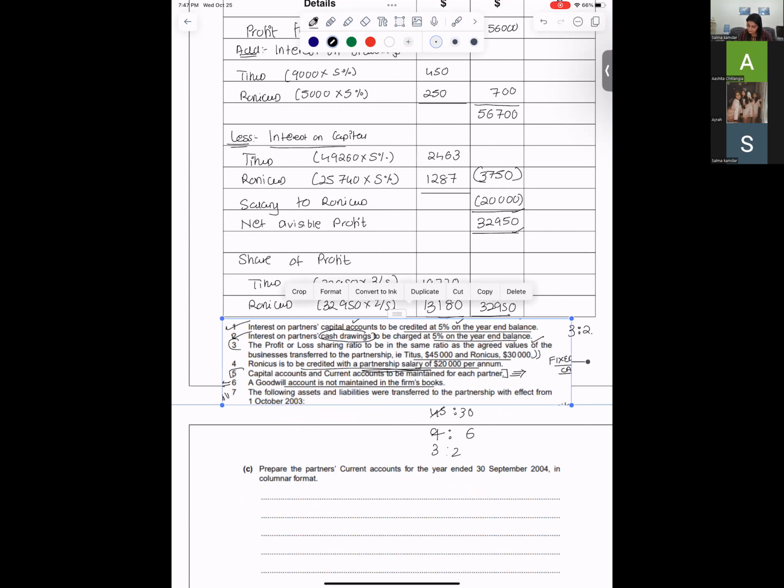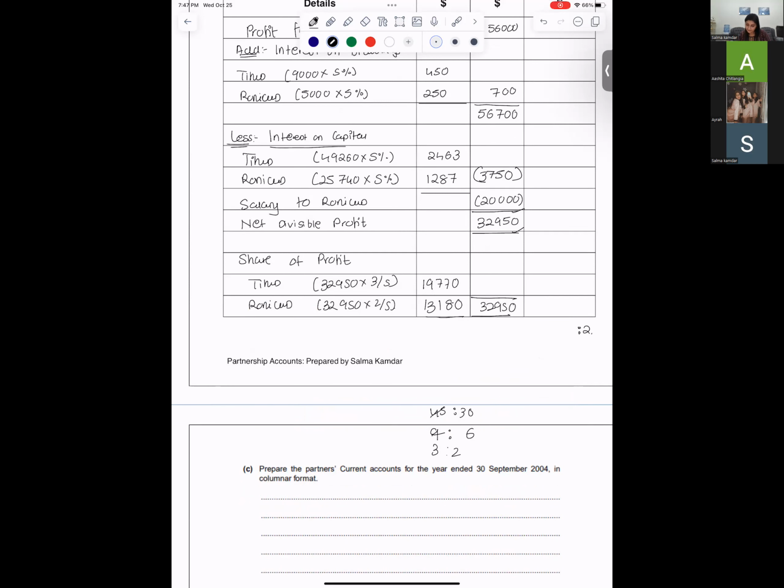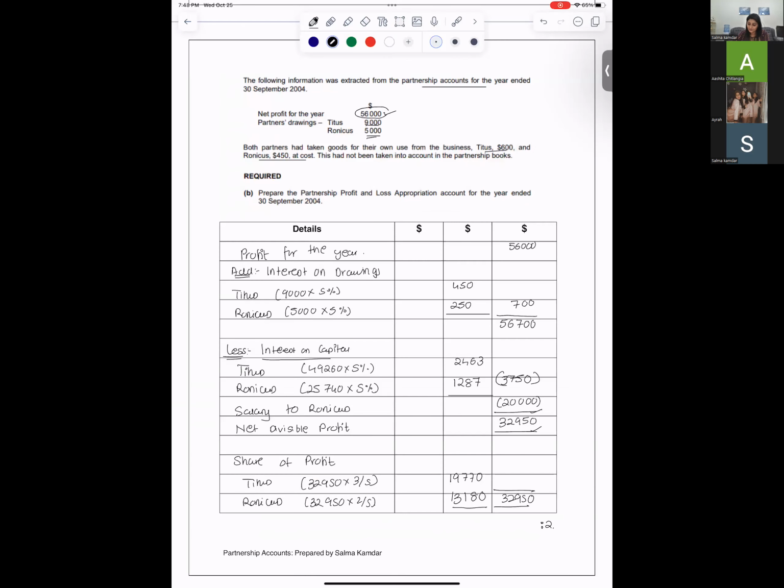Miss Vika, I have a question. Yeah, tell me. From the profit, both the partners have taken some goods for own use. That is 600 and 450, 1050 has been taken away from the business.